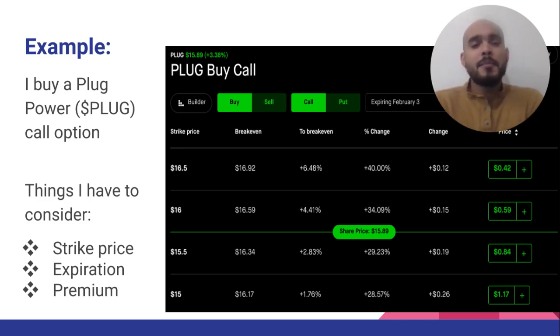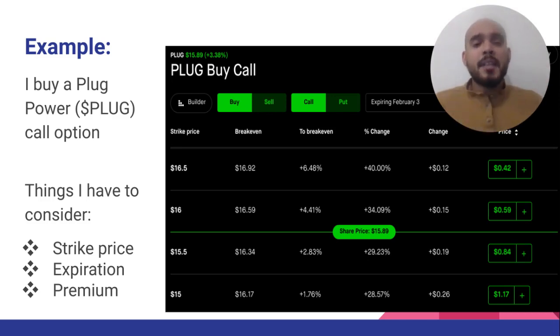If I go too far in the money, there's a lot of intrinsic value. So I could buy these stocks a lot cheaper, but the premiums are going to be higher if I buy in the money. On the other hand, if I buy way out of the money, if I agree to buy Plug Power at $20 and I'm not guaranteed for it to hit $20, I'm paying a premium for that.